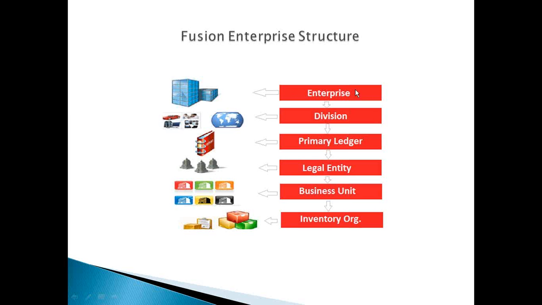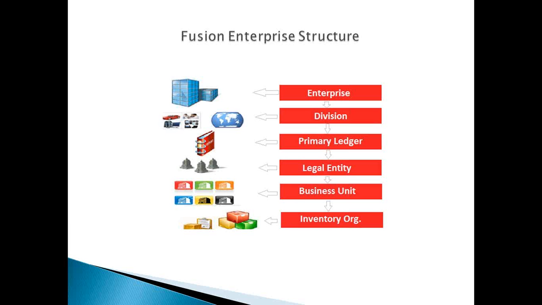So that's how we'll have a default one as per your business and how you want to manage the controls and defaults for the respective areas of the process. You can go and override it at enterprise level. And divisions can be a geography representation or different verticals of business. Primary ledger, legal entities, BUs and inventory organization remain same. Any question on this, please?